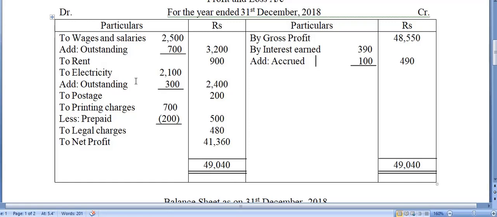So here you can see in adjustment number B, outstanding expenses, wages. So wages were outstanding for the particular year, that is for the year ended 31st December 2018. That is, for this particular accounting period, there was an outstanding wage of rupees 700.